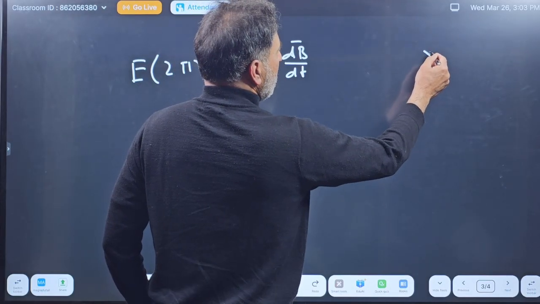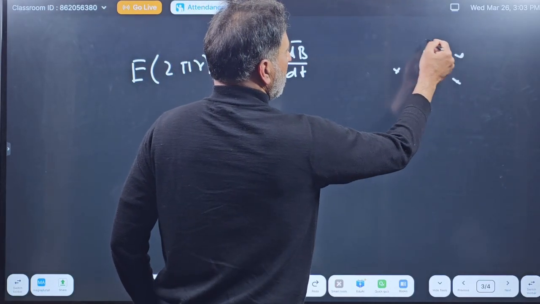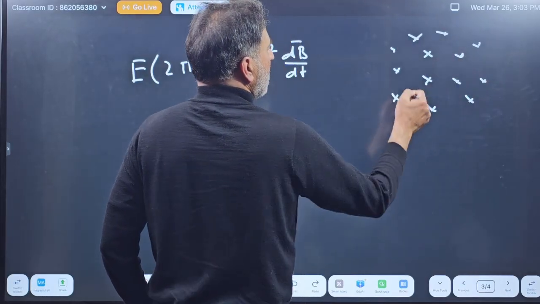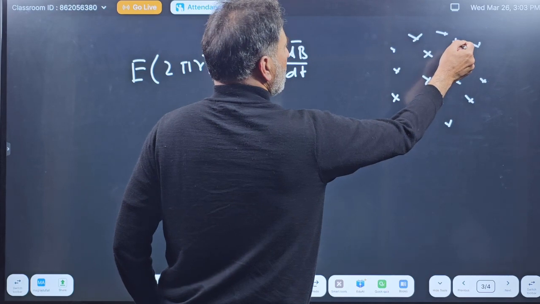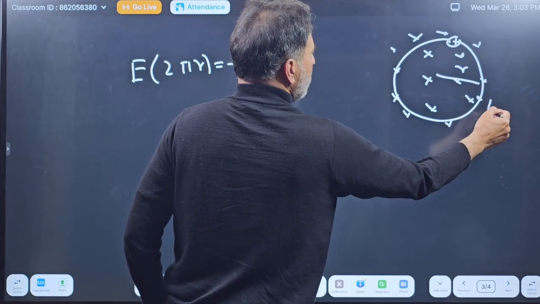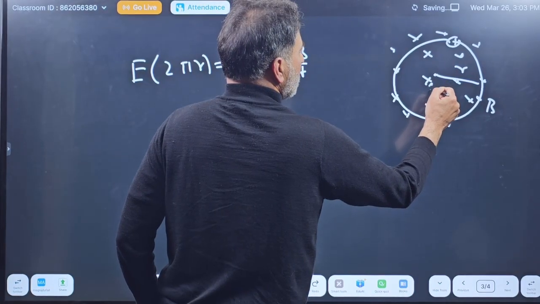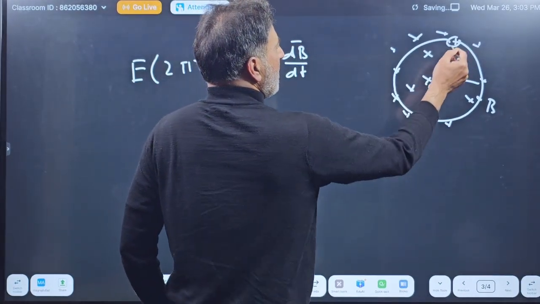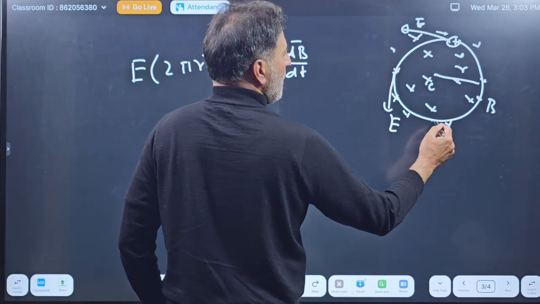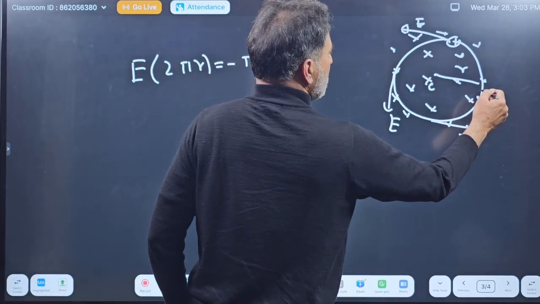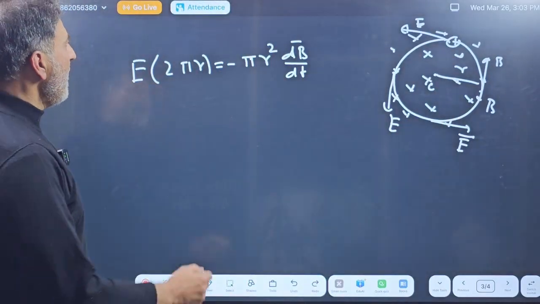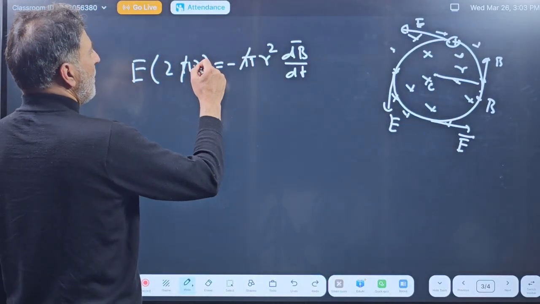This is the magnetic field, and this is the charge that moves in a circle here. This is the radius r. Magnetic field here is B, and this is the center, and here is the tangential electric field on the circle, and this electric field is produced by the changing magnetic field inside the circle.